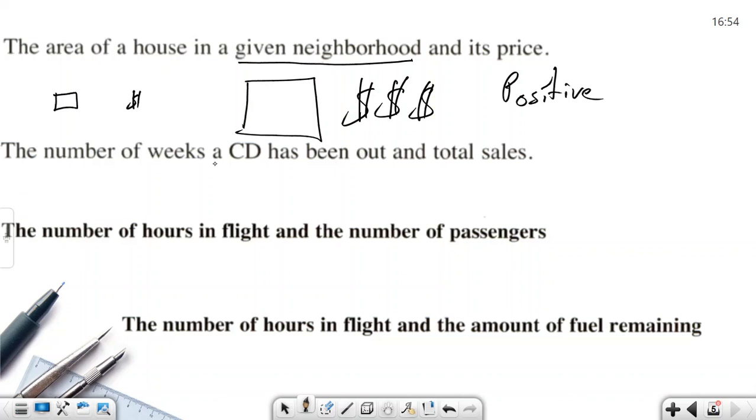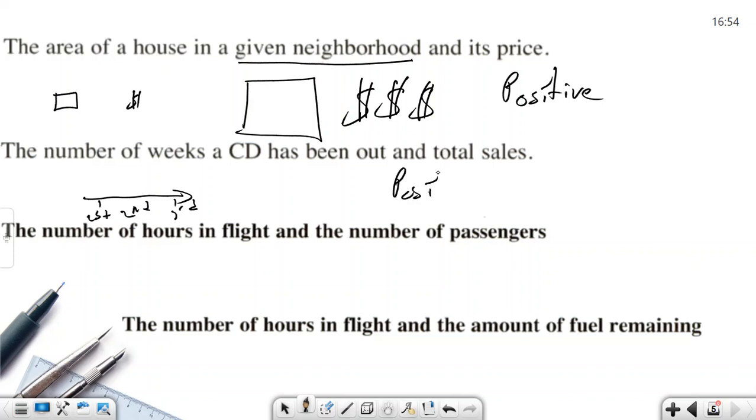Next, the number of weeks a CD has been out and the total sales. First week they sell, second week they sell a little, third week they sell a little, but the total increases all the time. Even if they sell a little, the total will increase.